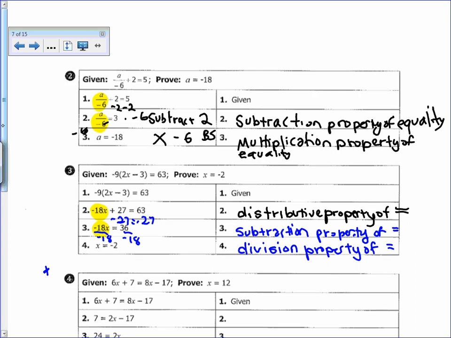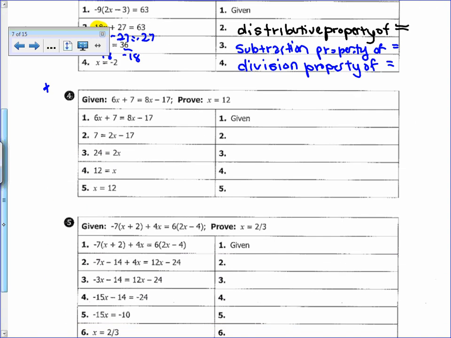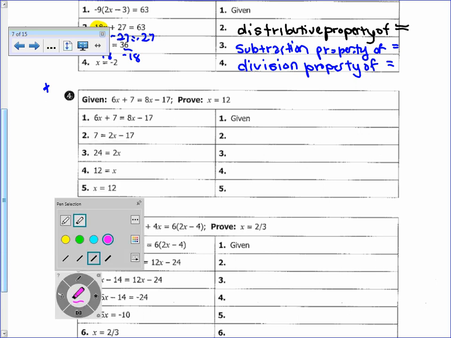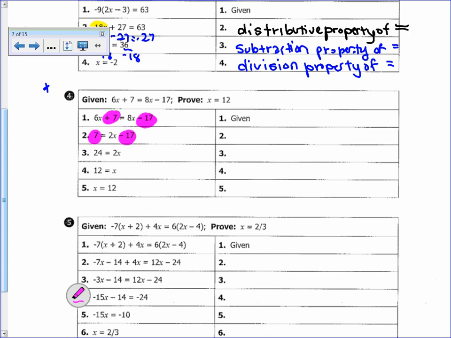So the next two problems, 4, 5, I'm actually going to do those with you just because they might have done some extra problems. So number 4, I'm going to highlight what stays the same. So -17, that's the same. 7 plus 7, positive 7, that's the same. The only thing that's different is 2x.